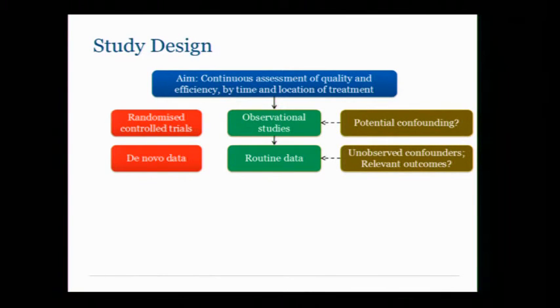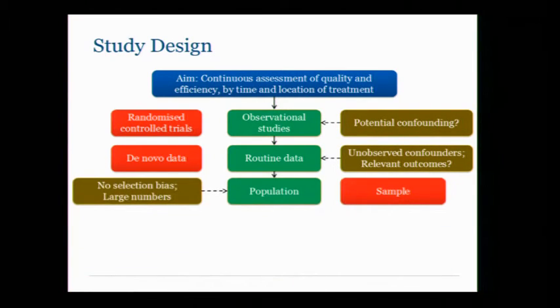Again, not possible in terms of defining a general framework for evaluation, and so we have to use routine data, or routinely collected health service data, and that raises issues around unobserved confounding and whether we can actually measure what we want to measure in terms of relevant outcomes. So those are the limitations, but the remaining characteristics of the study design I think are real strengths.